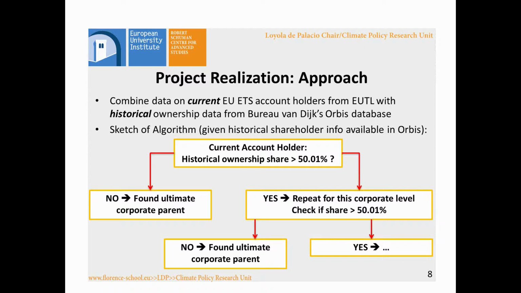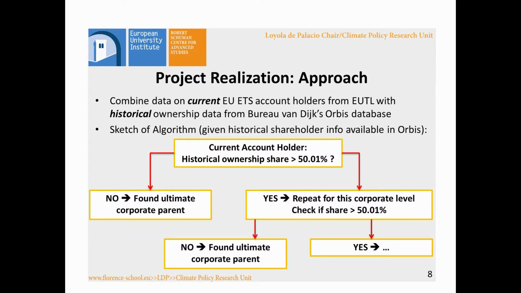So this is the algorithm for the cases where we have information on historical shareholders available in Orbis. This is not the case for every account holder. However, it is the case for the big majority. So now suppose we take the current account holder, we assign an ID number that allows us to link to the information about that company in Orbis. We then check if there is another company that has a historical ownership share.